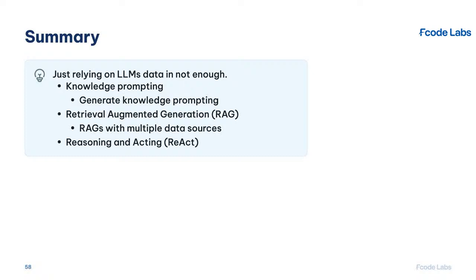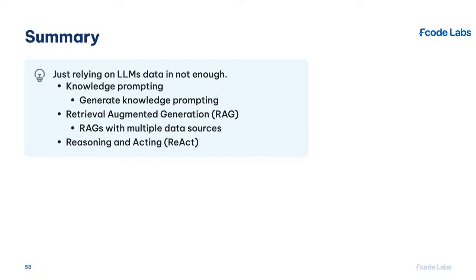And lastly, just relying on LLM data is not enough. Because of that, we introduced knowledge prompting, where we send knowledge in addition to the prompt, and we ask the LLM for the result. This data can be generated with external LLMs as well if we need.